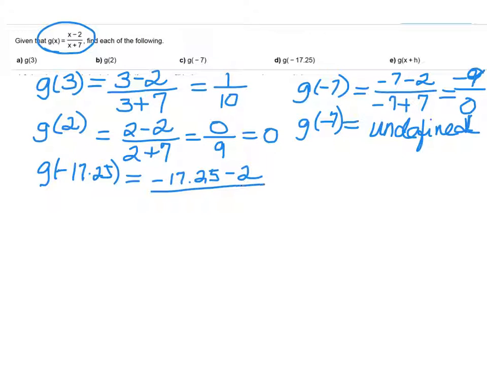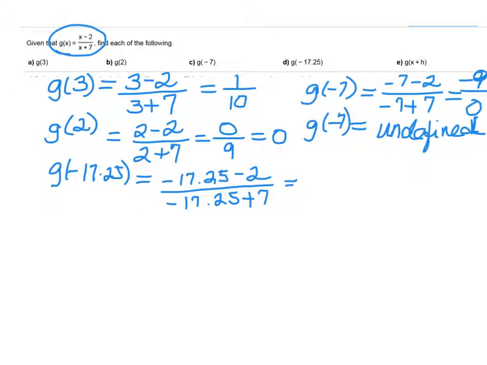And then after we make that calculation, we're going to take negative 17.25 and we're going to add 7 to it. So when we subtract 2 from it, we get negative 19.25. And when we add 7 to it, we're going to get negative 10.25.